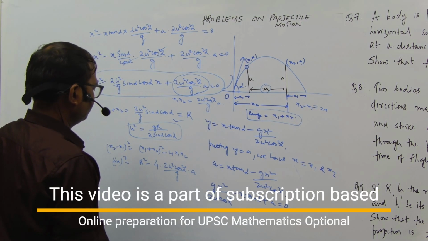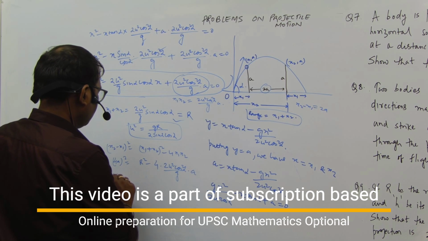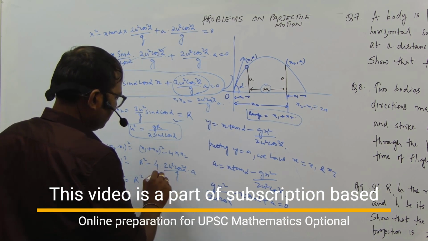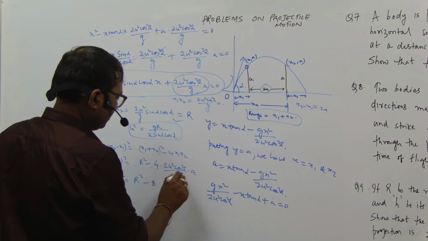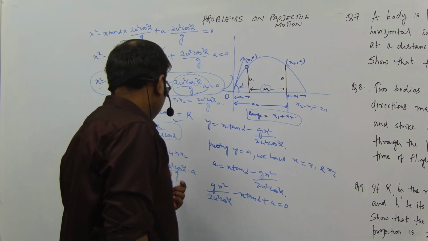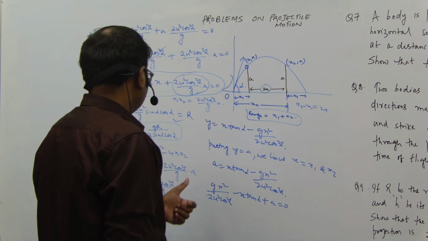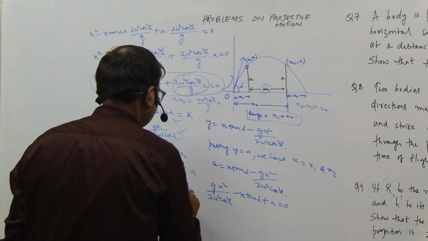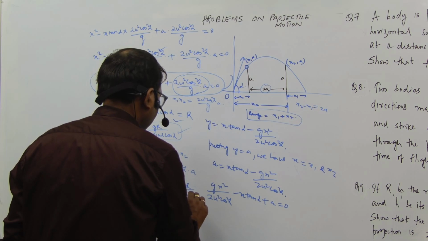Okay, so this is 16a square is equal to R square minus 8a cos square alpha upon g into u square. Let us put the value of u square, which is gR upon 2 sin alpha cos alpha.